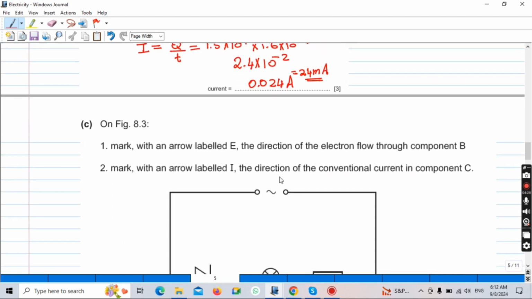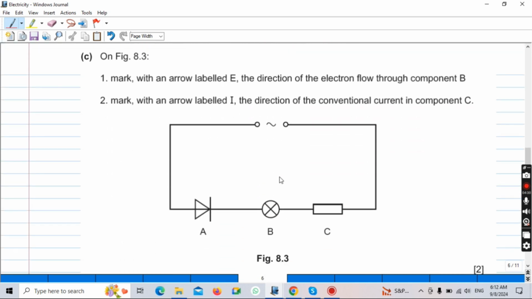Right, so in figure 8.3 given here, which is the same circuit that has been used before, mark with an arrow labeled E the direction of the electron flow through the component B. So through the component B, you have two options.